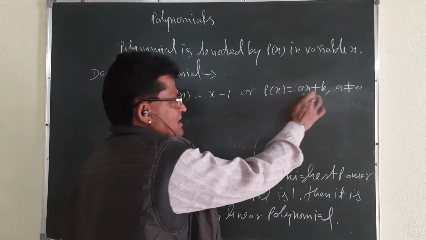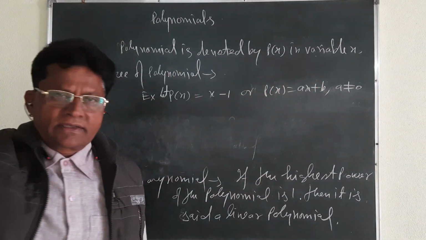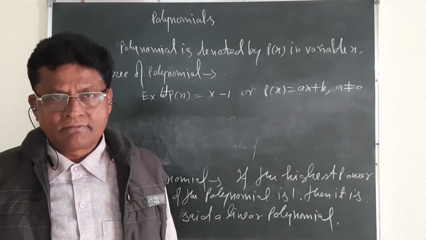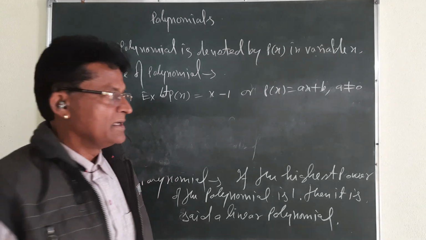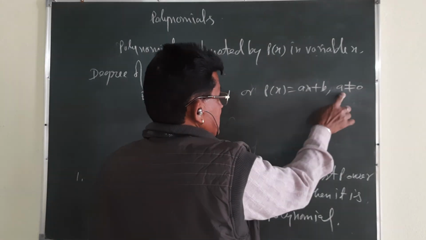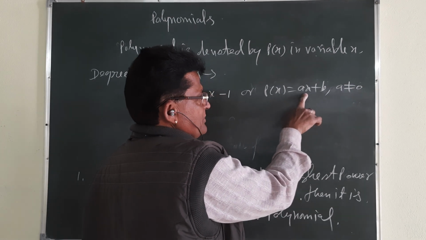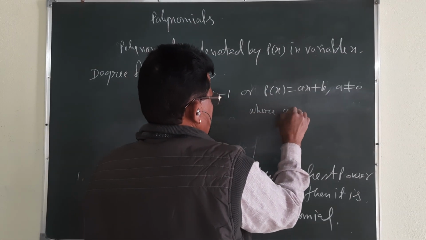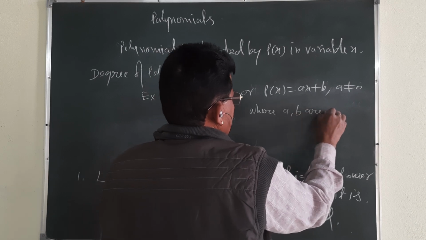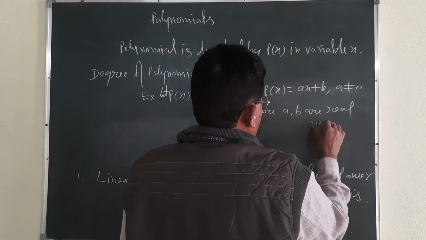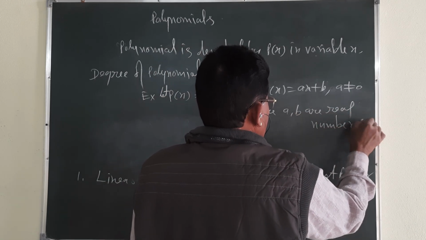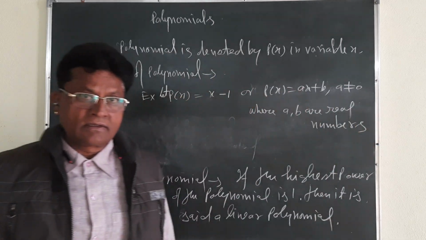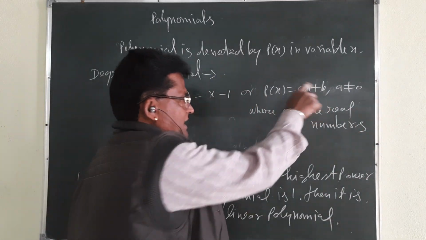In place of x, you can take any number that depends upon you, any real number. That is why I am going to write where a does not equal 0, otherwise it will not be a linear polynomial, where a, b are real numbers. See carefully, if a is equal to 0, it will not be a linear polynomial.